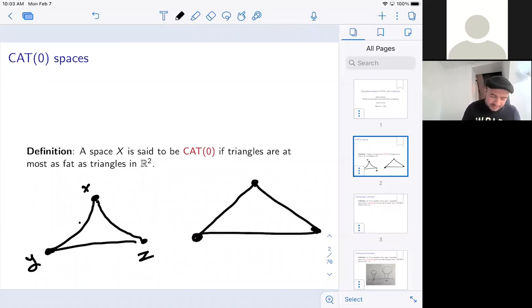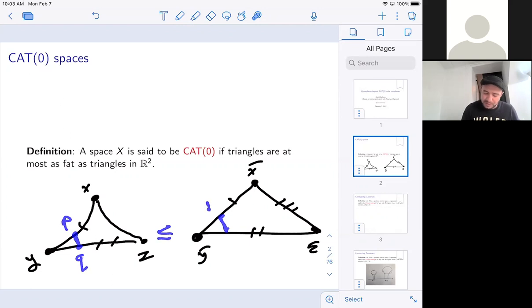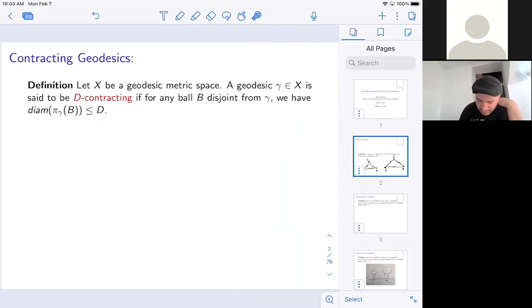So if this had side length 1, this will have length 1, length 2, length 2. Being cat-zero just says that if you pick a point here and a point here, and you look at this distance, and then you look at the corresponding distances, you have to have this inequality. If you have a point P and a point Q, and you look at the corresponding points P prime and Q prime, then the distance between P and Q is smaller than or equal to the distance between P prime and Q prime. That's what a cat-zero space is.